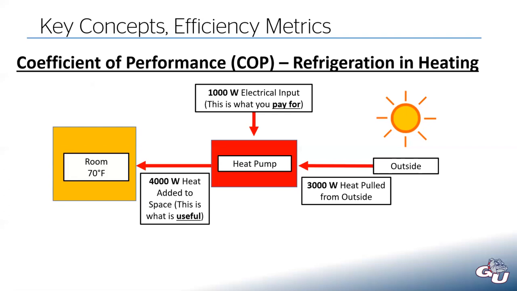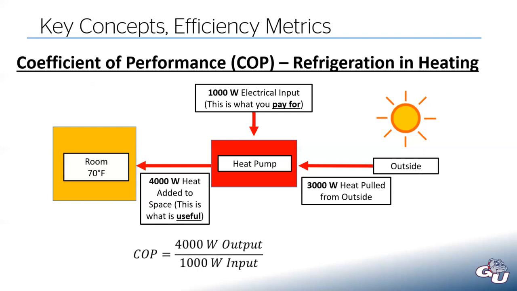Because again, that 1,000 watts of input that you're putting in to run the heat pump, that all eventually turns into heat. And then again, think about what is useful. The job of the heat pump is to heat the space. So ultimately, that's going to be that 4,000 watts that's going to be added to the space. That's the part that's useful in this.